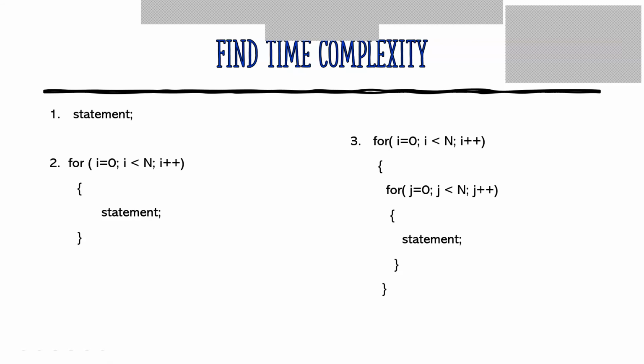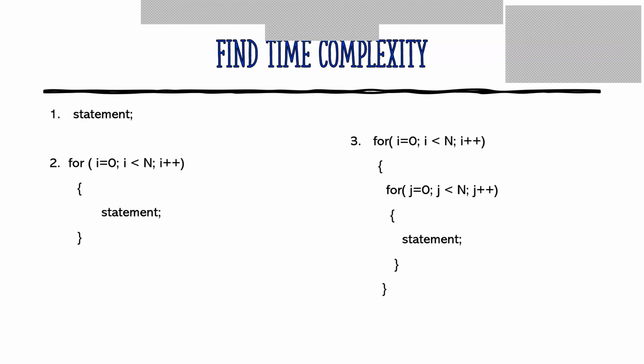Then in the next one, what will be the complexity? It's almost similar to this one. Everyone, what will be the time complexity for these two? 3n plus 4. Okay, if you boil down to the big O notation, then what will be the big O notation?